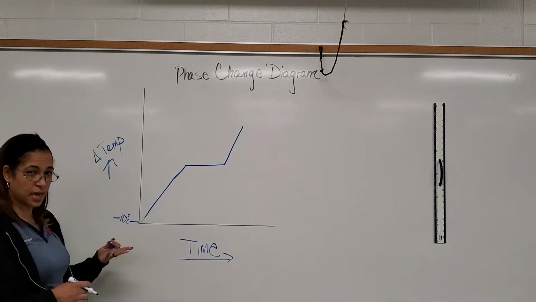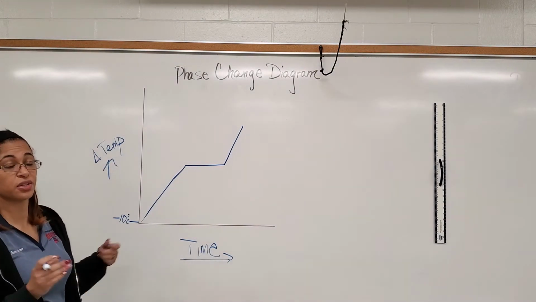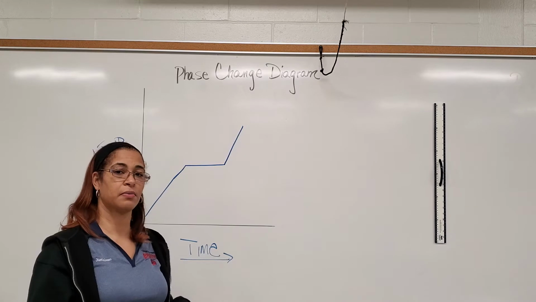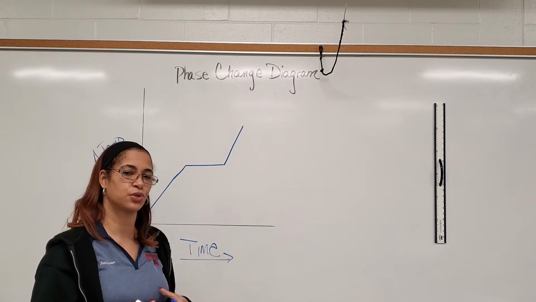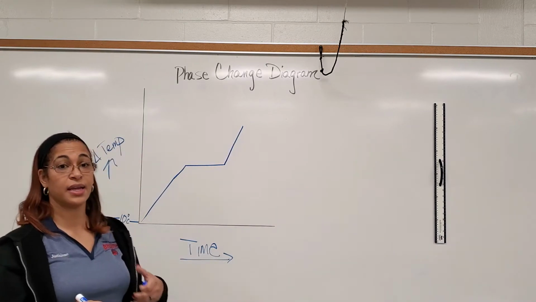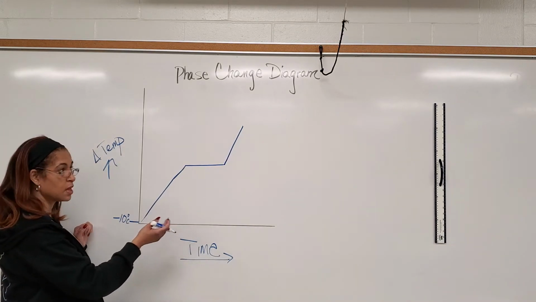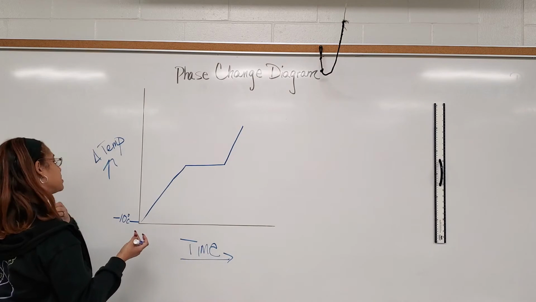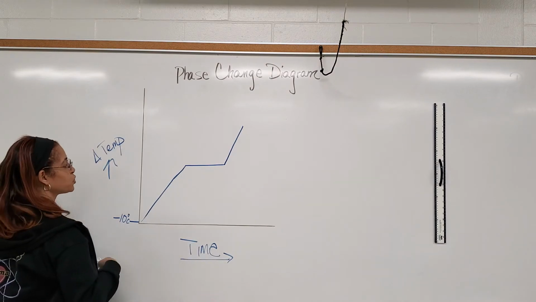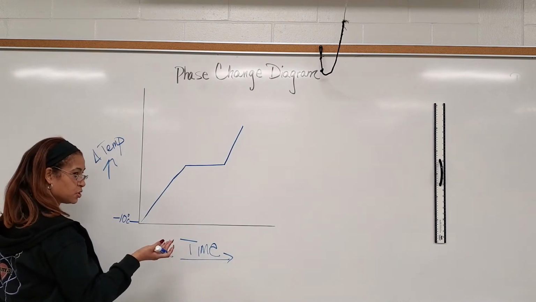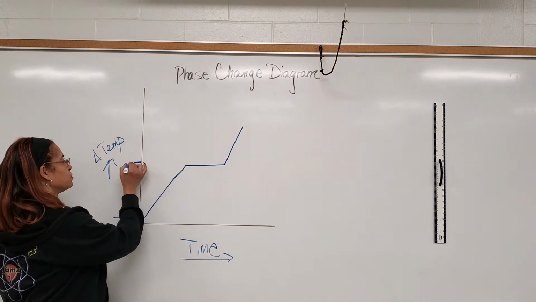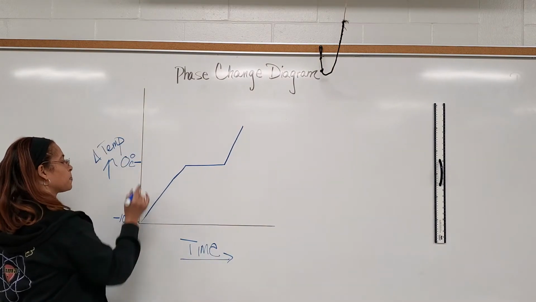So this container will immediately start taking in thermal energy from the environment. The thermal energy will flow into the container, and it will start to increase the temperature of the ice. And as the ice is increasing in temperature, it is going to continue to increase in temperature until you get to 0 degrees.